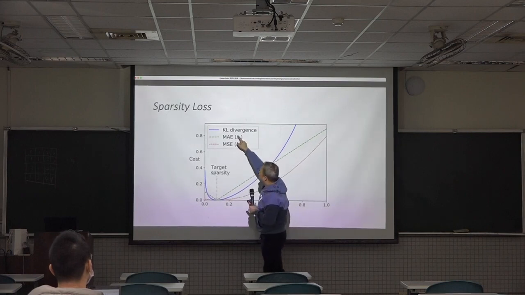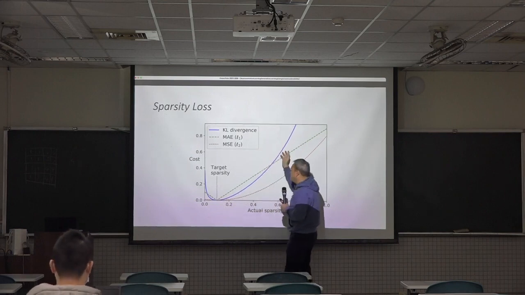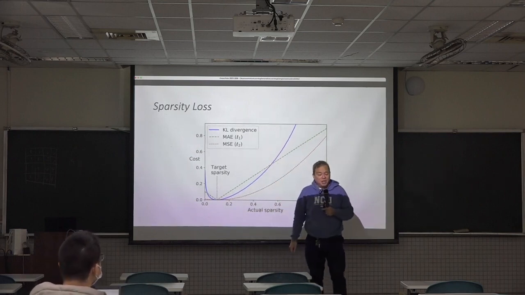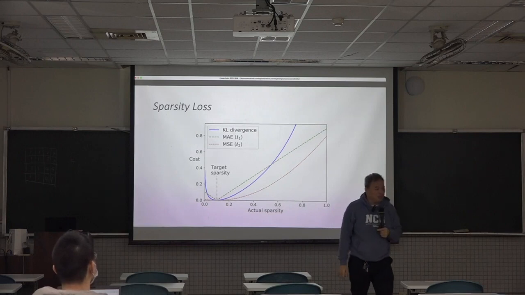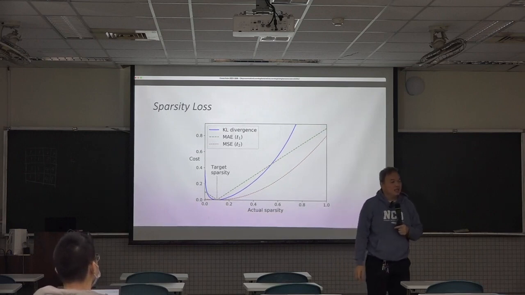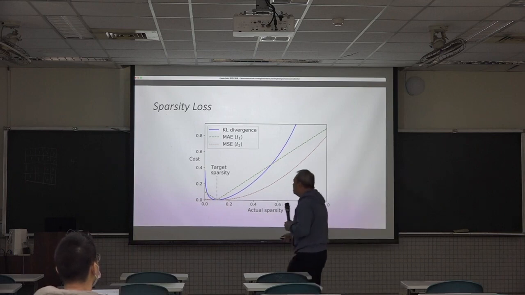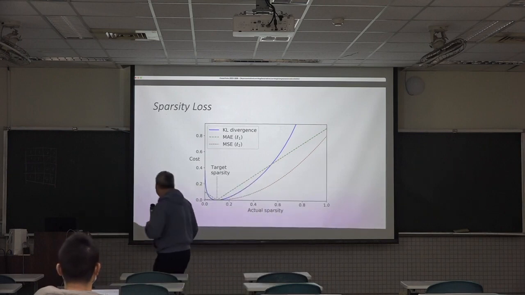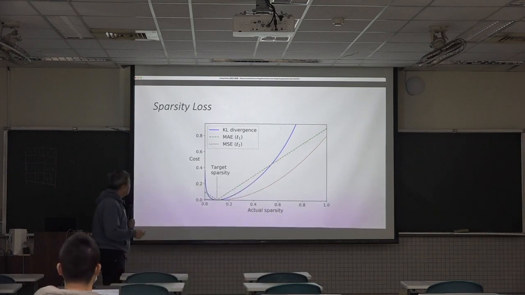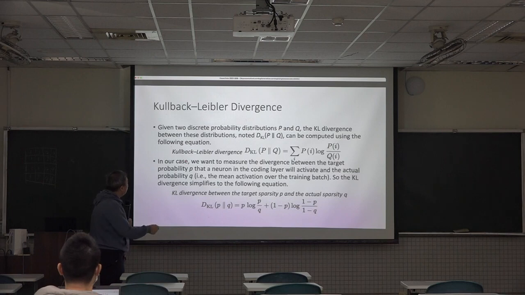The KL divergence is represented by the blue line, and you can obviously see that this blue line has a much stronger gradient than the other error functions. So that's why we prefer to use KL divergence here, and this is how we compute the KL divergence.